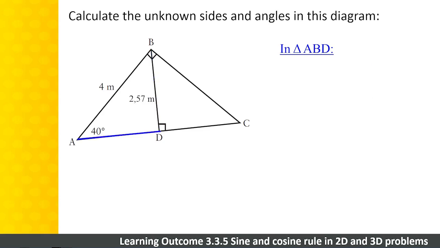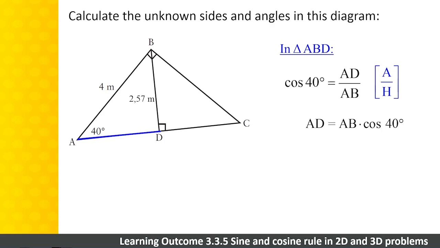Next, let's find the last missing side in triangle ABD, which is AD. We know that cos 40 degrees equals AD over AB, because this is adjacent over hypotenuse. Making AD the subject of the equation, AD equals AB times cos 40 degrees, which equals 4 times 0.766, so AD equals 3.06 meters.